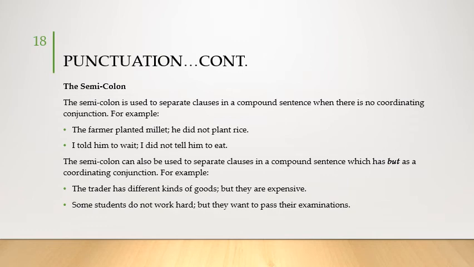So when a compound sentence has a coordinating conjunction, a semicolon can still be used before the coordinating conjunction but. As we have exemplified, some students do not work hard; but they want to pass their examinations.